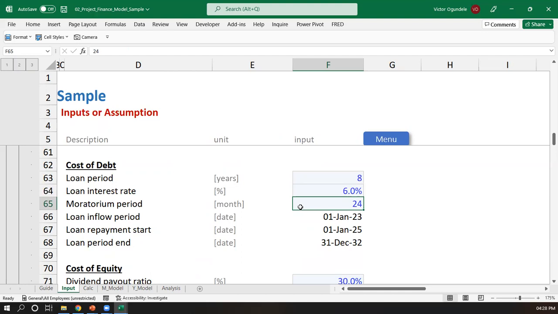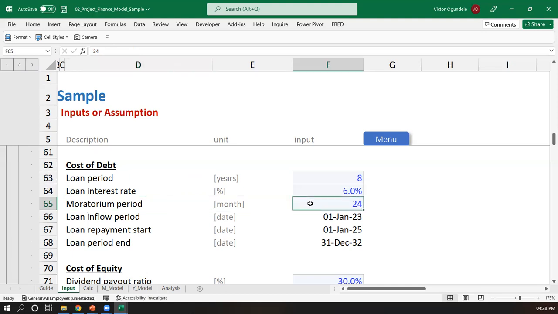At times, if your construction period will take you 2 years, they may give you a moratorium of 2 years, but at times they usually request more time so that the project can kickstart itself and establish itself before they start repaying those funds. For example, look at this. Our construction period was set at 12 months. We were saying, give us a moratorium period of an additional 1 year plus the construction, which makes it 24 months.